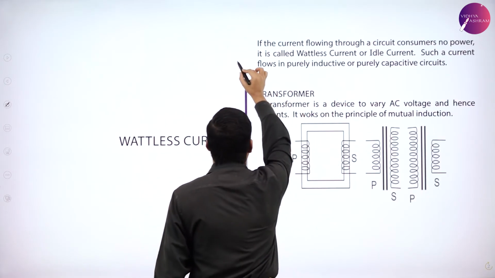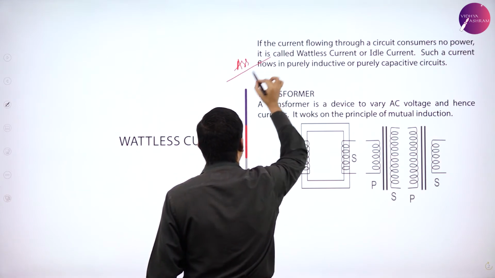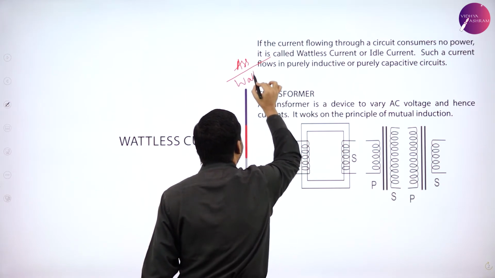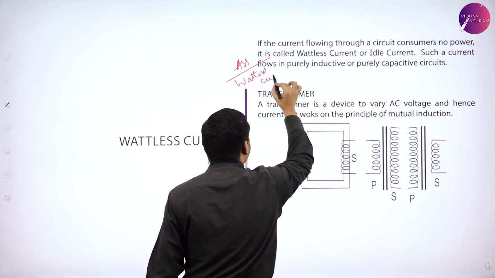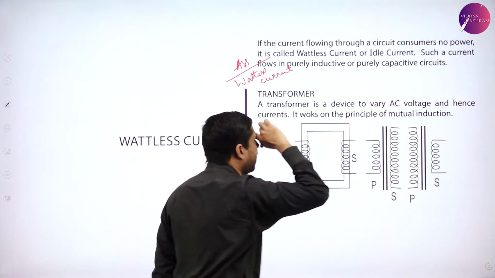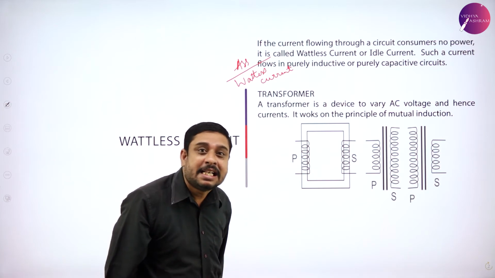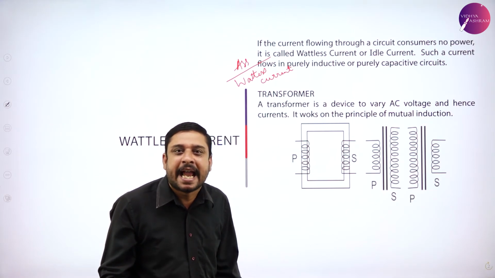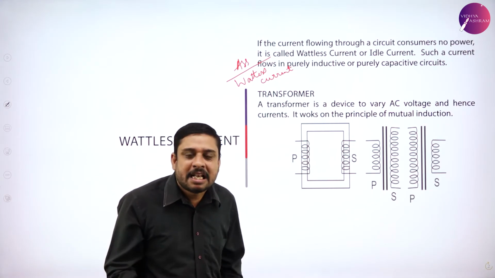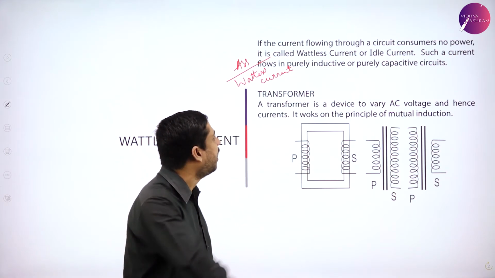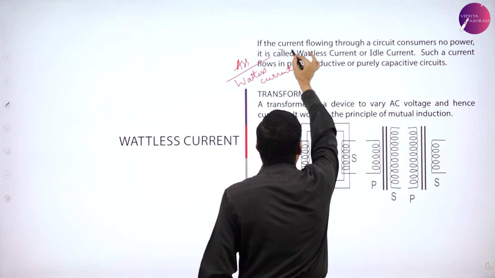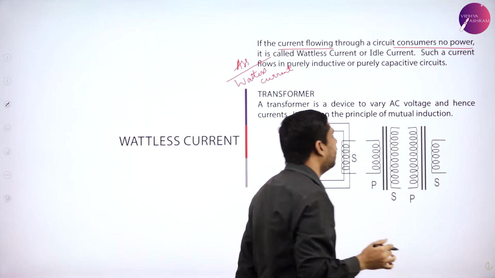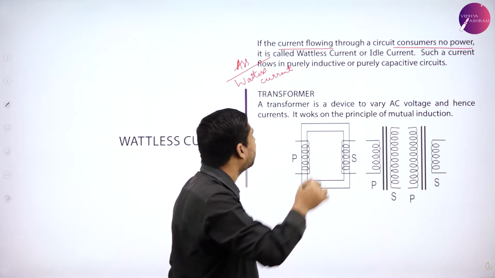This is a small assignment for you all. Please try to get something called wattless current. I want you all to get the definition of wattless current. Watt is something that is associated with power. Wattless means powerless, which means the current flowing through the circuit consumes no power.